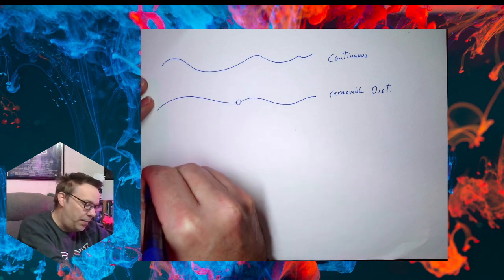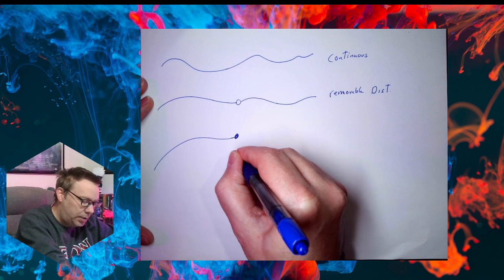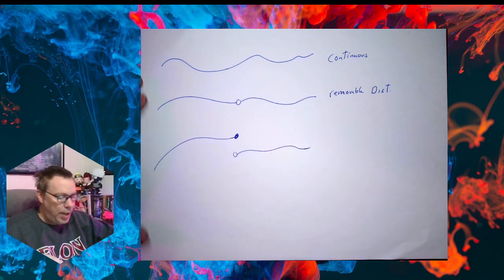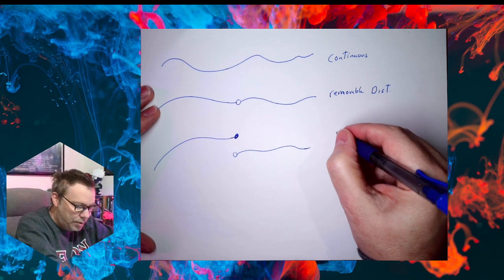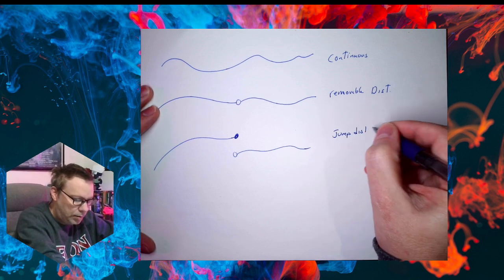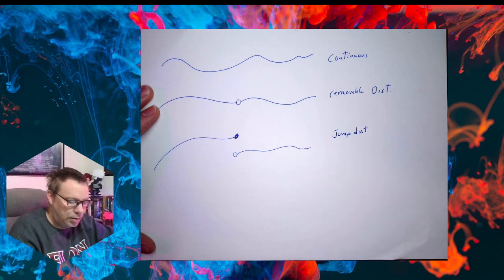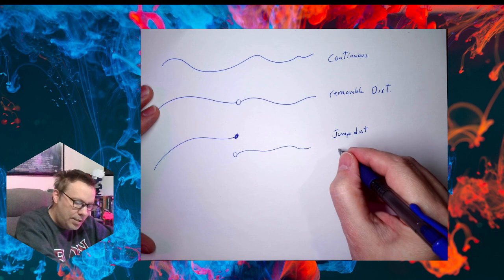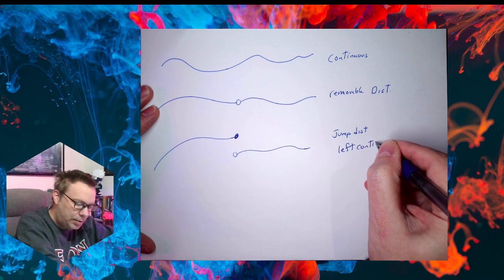So another type of graph that we talk about is something called left continuous, where there is a jump. So this is called a jump discontinuity. And this is actually something called left continuous.